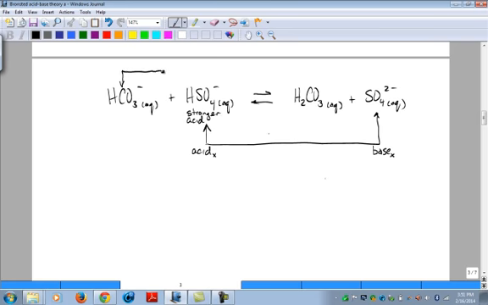And the other two species look similar. The hydrogen carbonate accepted an H+ from HSO4-, so that makes it a base. We'll call that base Y. And in accepting the H+, it becomes carbonic acid.